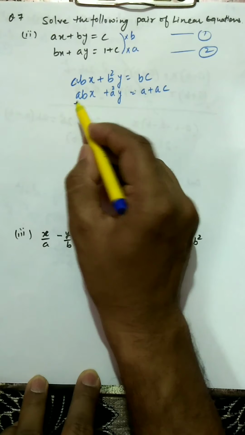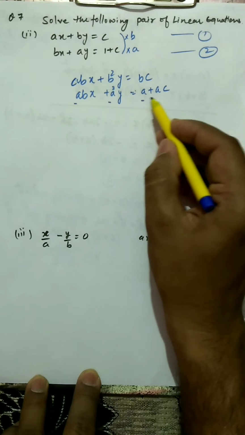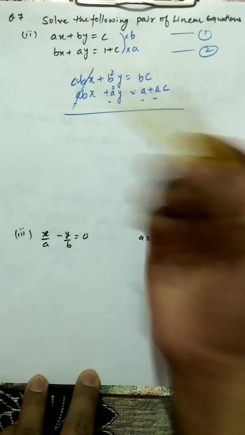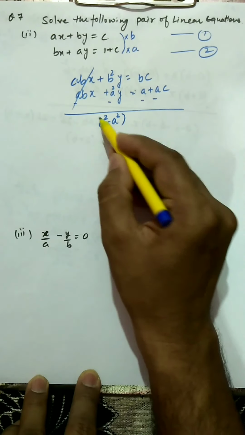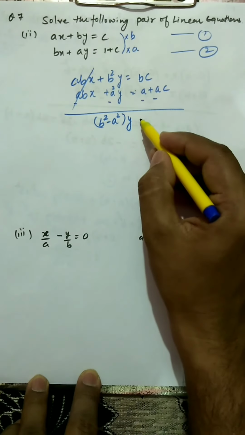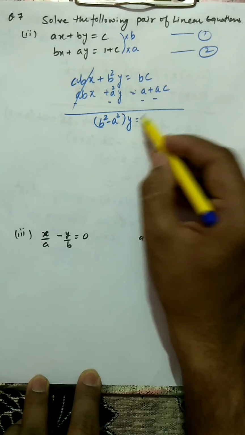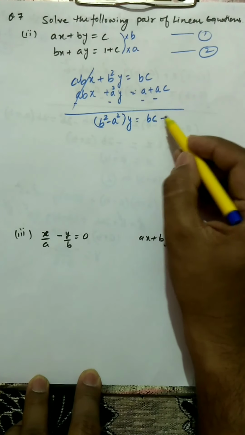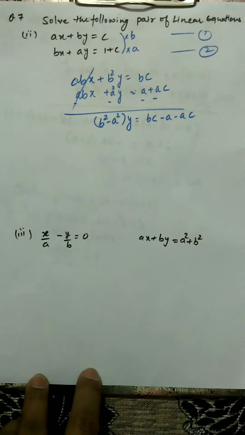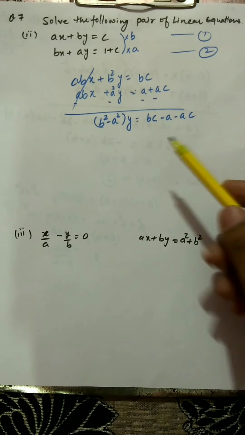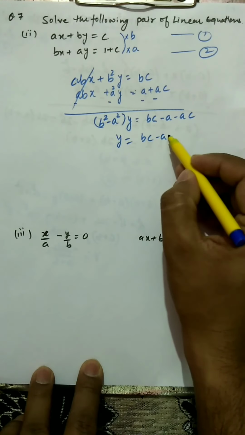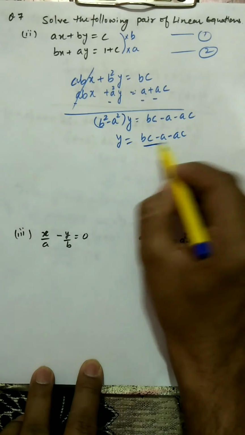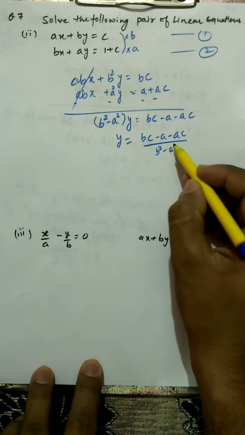You change the sign, and the abx got cancelled, and this will be (b² − a²)y, and here your answer is going to be bc − a − ac. Here nothing can be taken out common, so let it be. So y is going to be (bc − a − ac) upon (b² − a²).